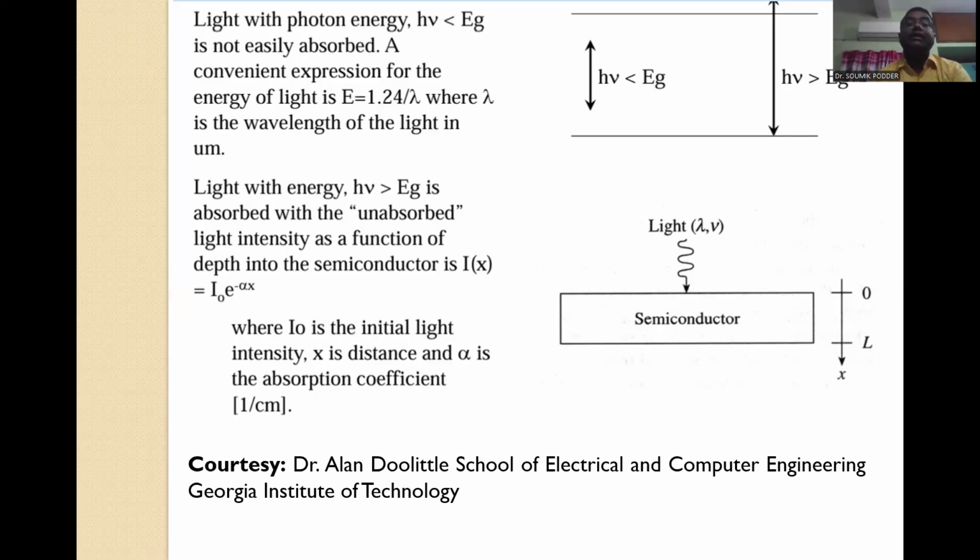One case, shown on the left-hand side, is where the photon energy is less than the band gap of the semiconductor material, and the other is where the photon energy is greater than the band gap. So what will happen in the two cases? Before going to this complete discussion, first we will see how this E will be calculated.